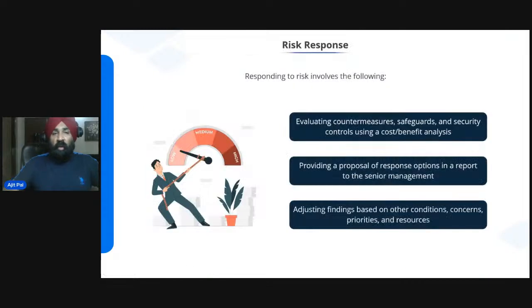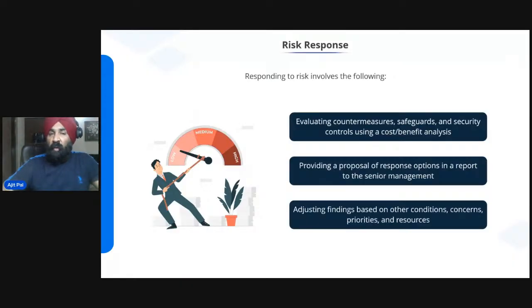The third phase is about responding to the risk. You may have multiple options in front of you to respond to the risk, and they may have different costs. You may have administrative measures. For example, there is a risk of password compromise.